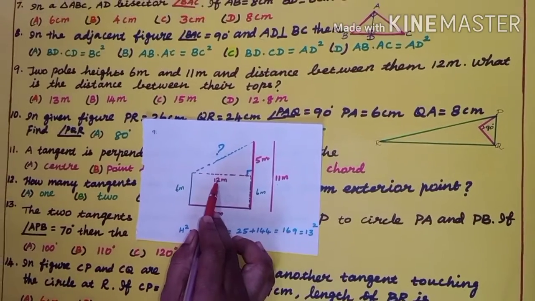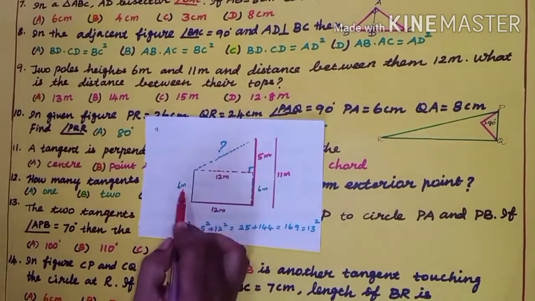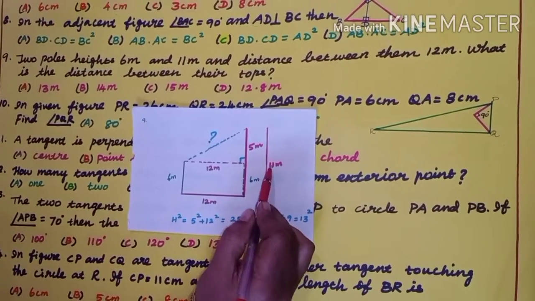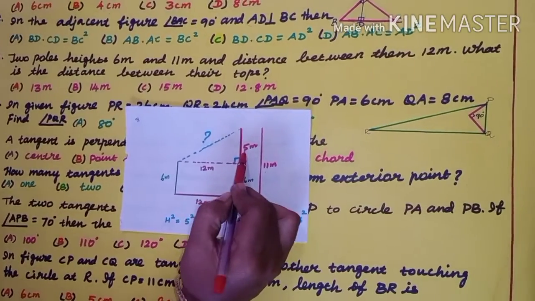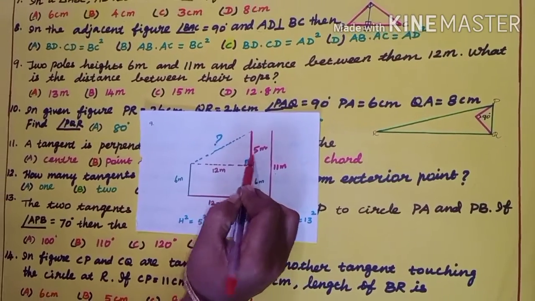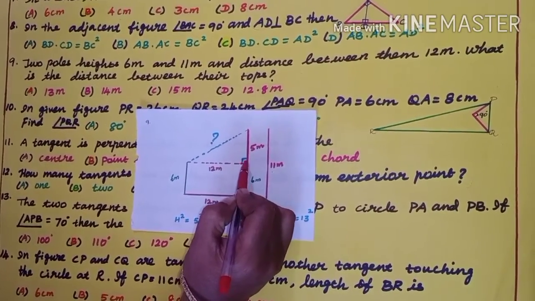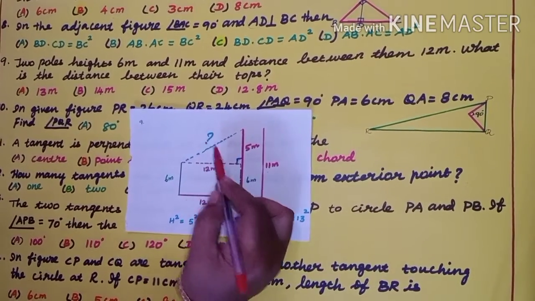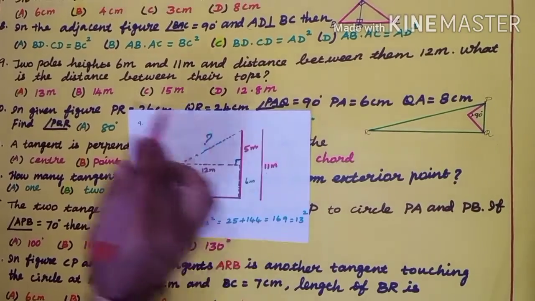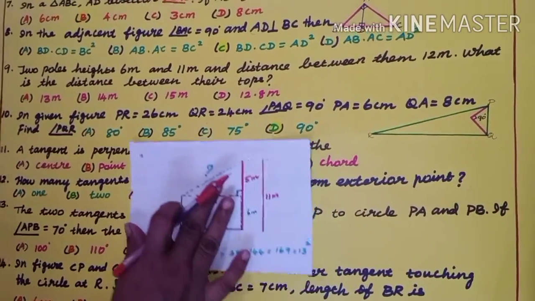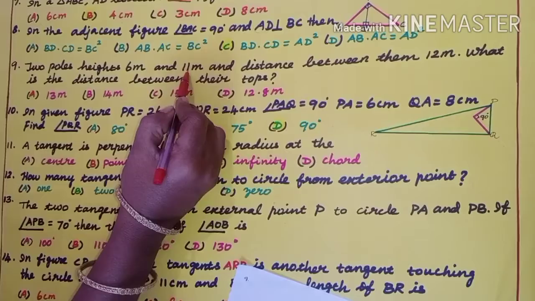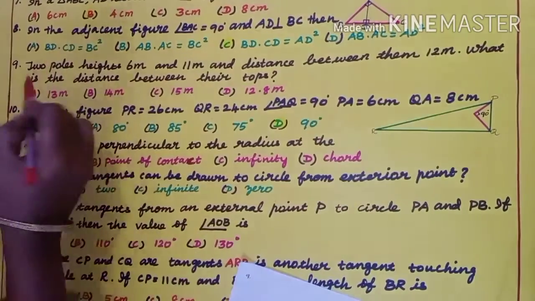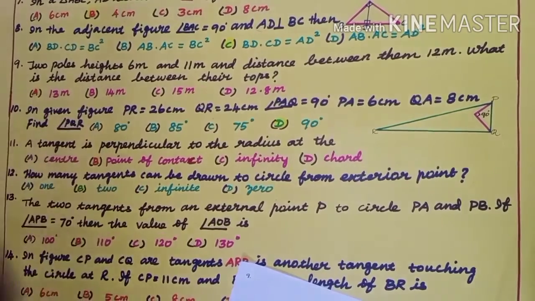This is 12, the same lengthwise, and this is the same widthwise. After reducing 6, you get 5. So this is 5 centimeters, this is 12 centimeters, a right-angled triangle. Using the Pythagoras theorem, what is the hypotenuse? This is 13 centimeters. So 13 is your correct answer. Remember 5, 12, 13 in short.